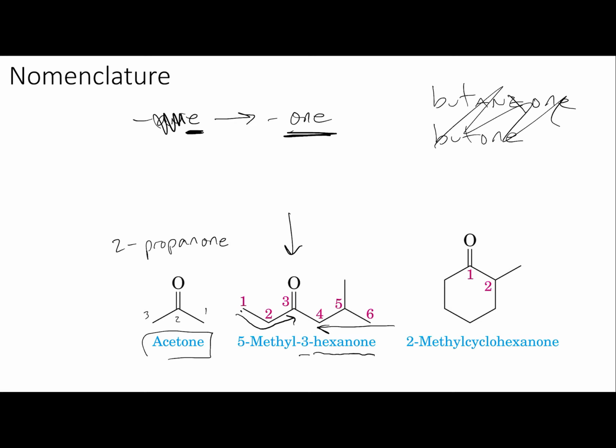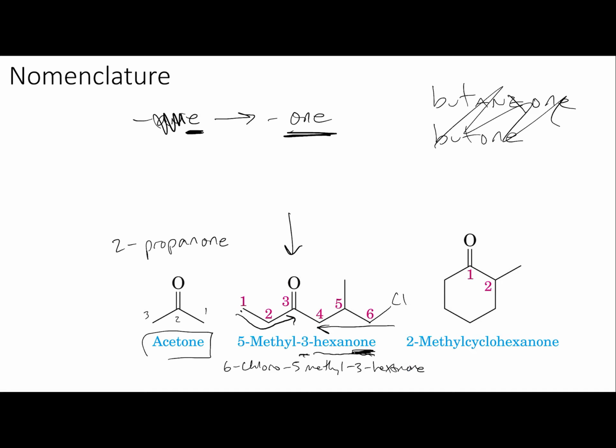It's 3 because that's where the ketone is. And then this one also has a substituent. And even if it had 2 substituents, let's say there was something else on the 6, like a chloro, we would say something like 6-chloro-5-methyl-3-hexanone.